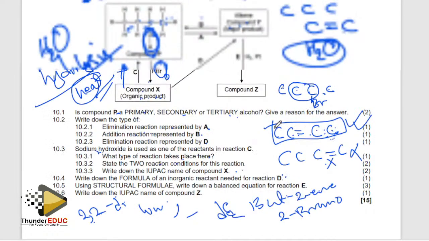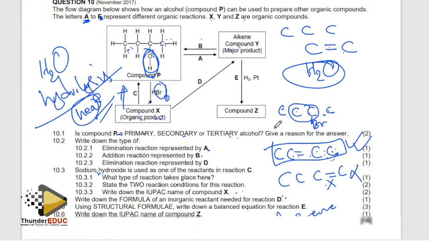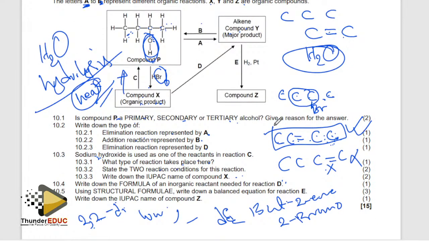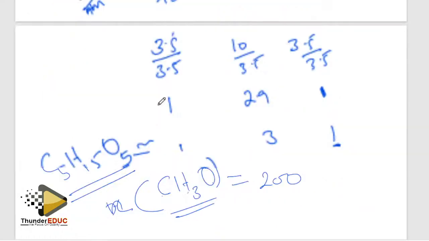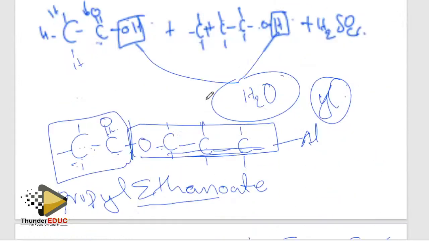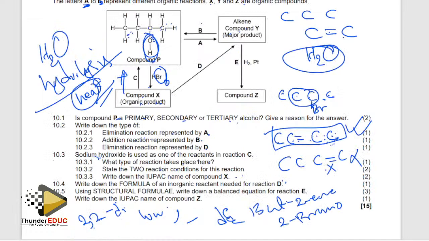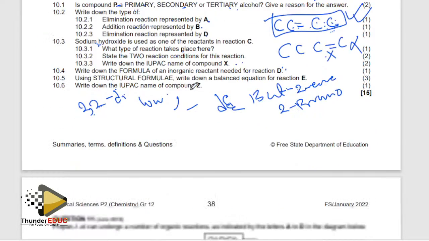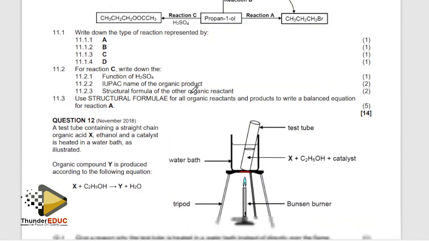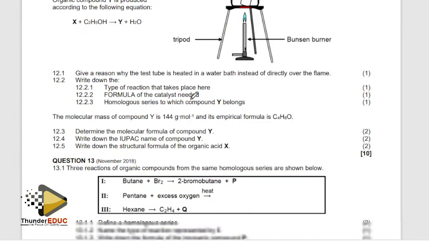Use this question. If you don't have it, take a screenshot and then try to practice them. At least try to cover most of them. And don't forget to know the esterification. Don't go without knowing esterification. Why is sulfuric acid being used? We said as a catalyst. Yeah, please make sure you know that.